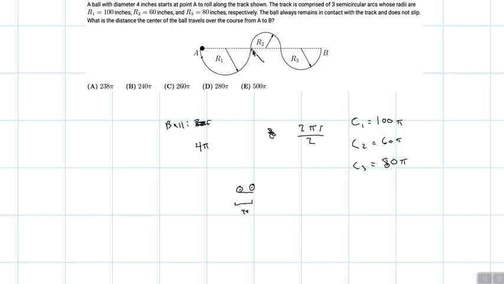Where is it here? How many rotations is the ball doing?